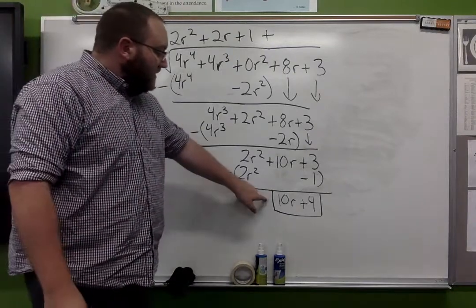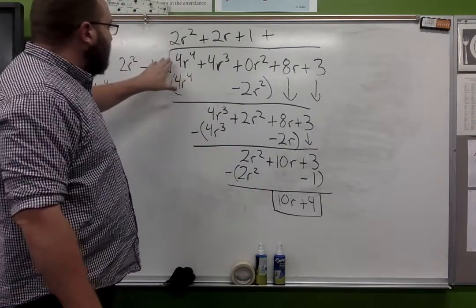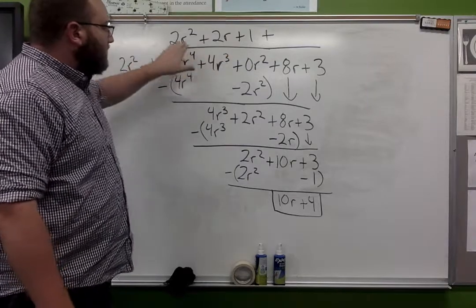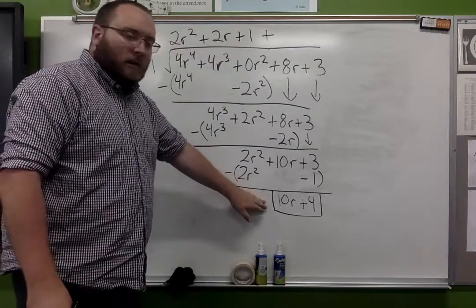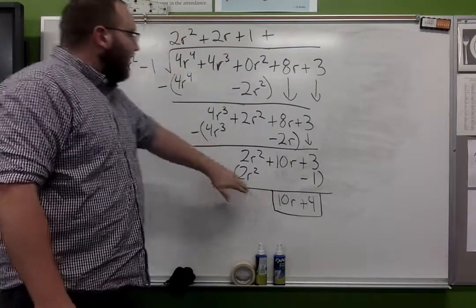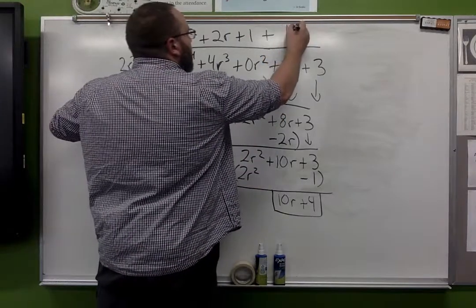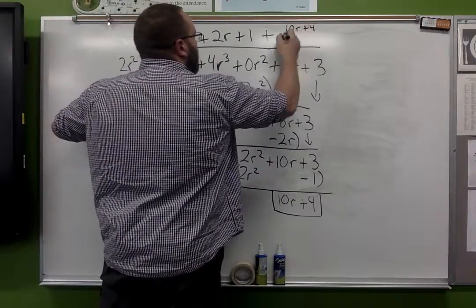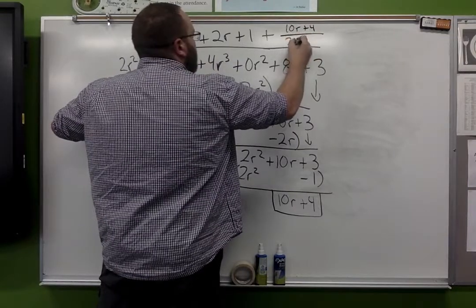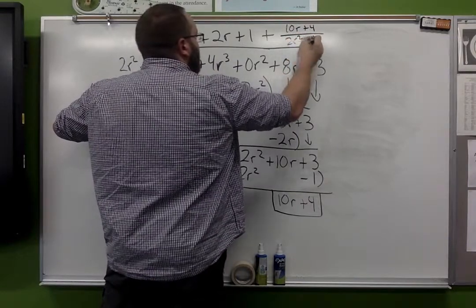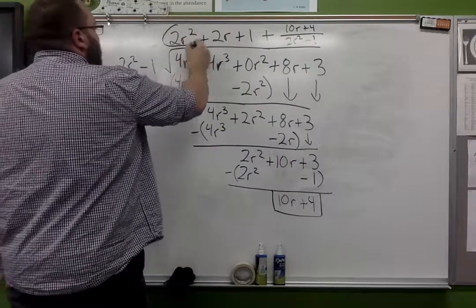Now this is technically, look, it's still inside the obelisk, right? It's still being divided by this. So 10r plus 4 divided by 2r squared minus 1. Boom, done.